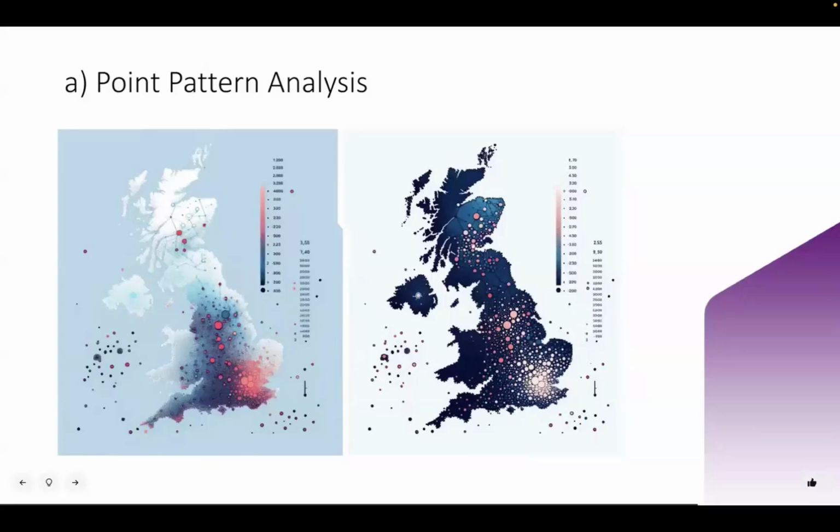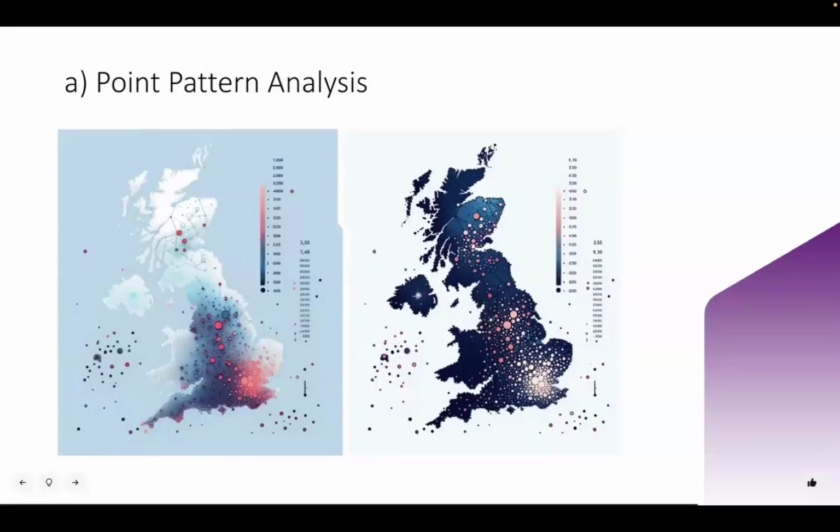Then you've got nearest neighbor analysis, where you measure how close crime events are to each other. For example, if burglaries are happening within a small radius, then the police can focus patrols in that area, right? So this point pattern analysis and hotspot analysis kind of overlap with each other, but it does depend on those statistical tests that you apply.